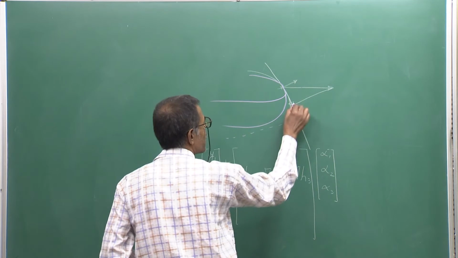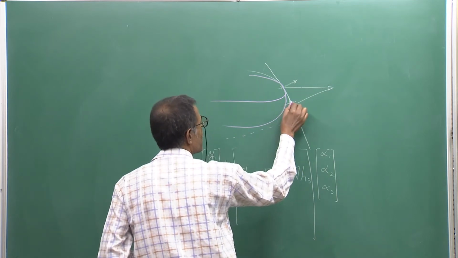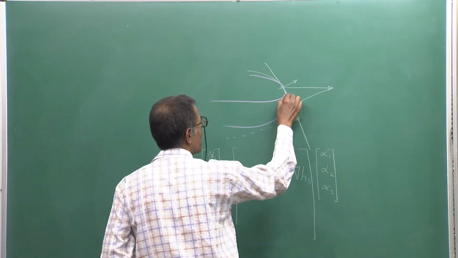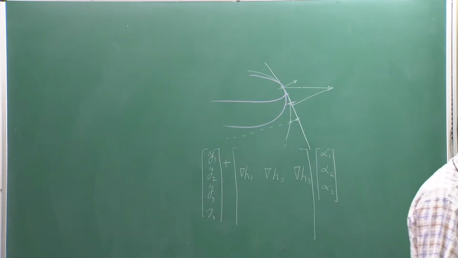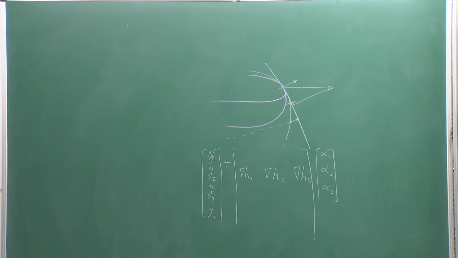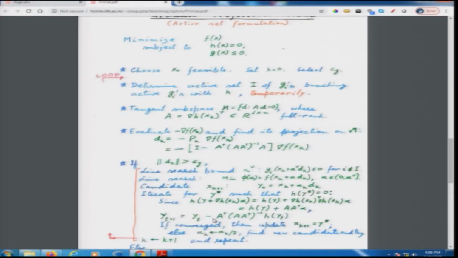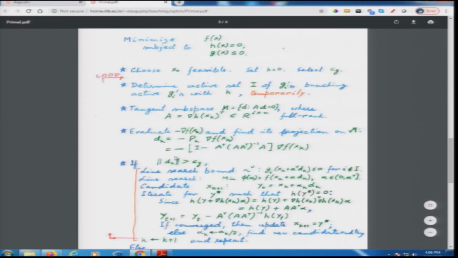So, in that case you can take half and then try, if that also does not work, then you take another half and then try, and so on. Again, half is a convenient factor and you can take your suitable factor here. Okay. So, this is the step if this vector is not extremely small.